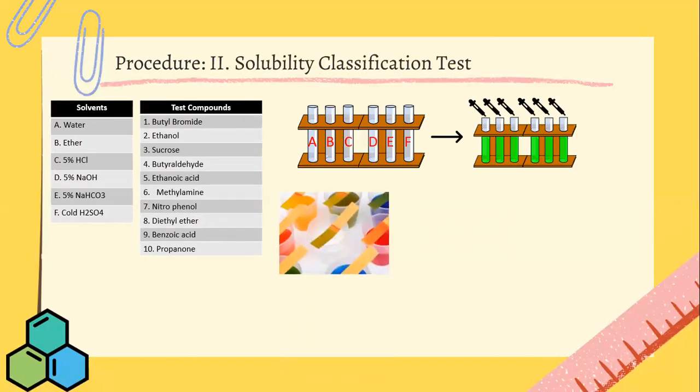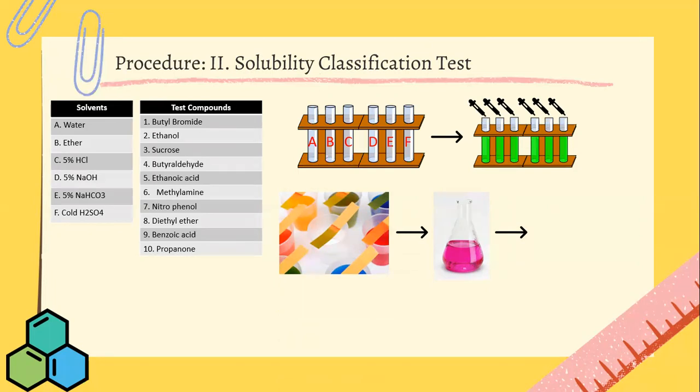The test compounds will also be tested with litmus paper and phenolphthalein. Be careful not to add too much solute or too much solvent because it may mislead you in identifying the solubility. It is therefore important to determine the extent of solubility of the compound under test.